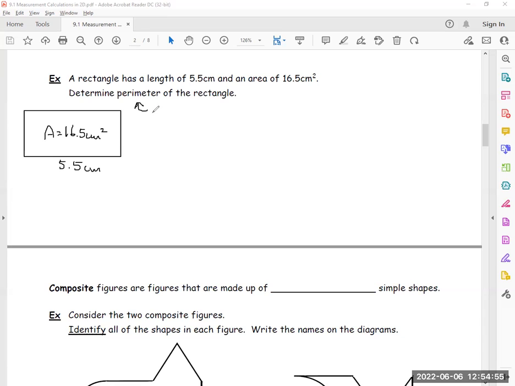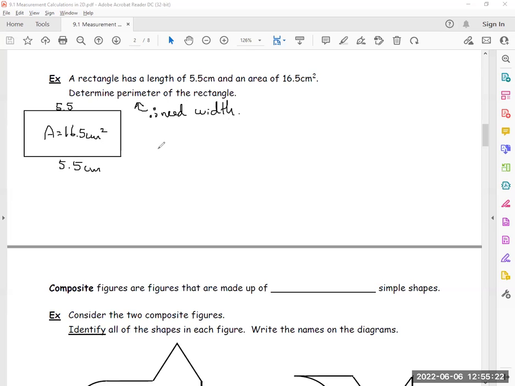All 4 sides. Therefore, I have 5.5. This is also 5.5. I need the widths. So this question is basically saying find width, but without saying find width.